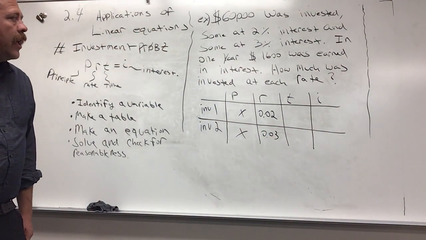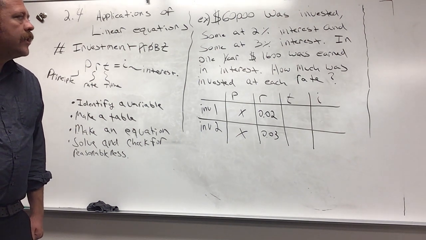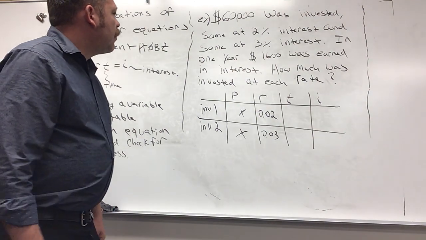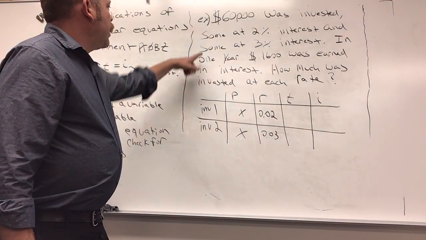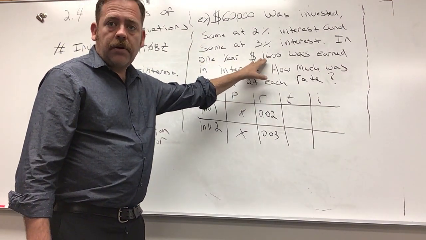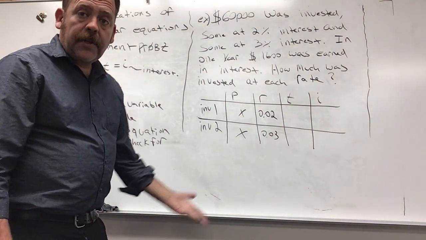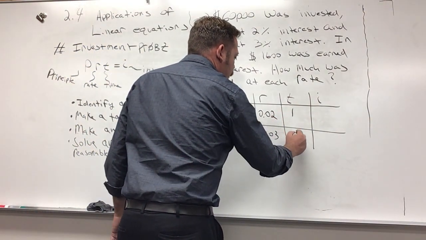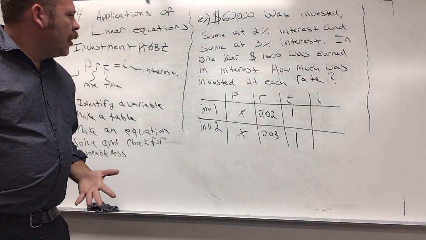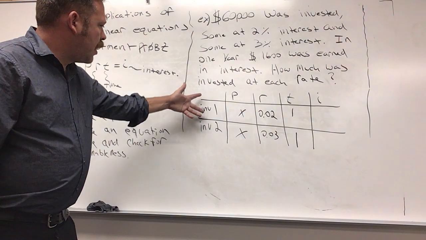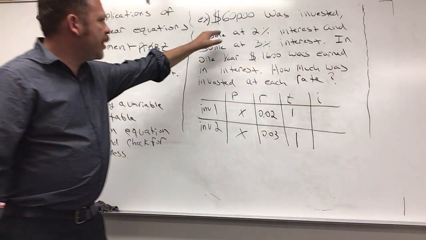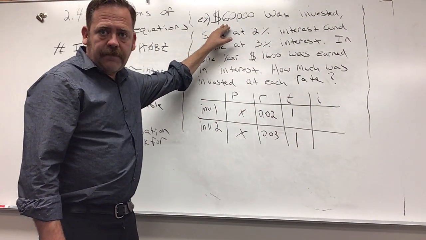Okay? And is the time given to us in the problem? I believe it is. I believe it says in 1 year, this much interest was earned, okay? Now, so for the time, we can fill out 1 and 1. Look, this table is really coming along. Let's see if we can fix the P column using the information that $60,000 was invested.